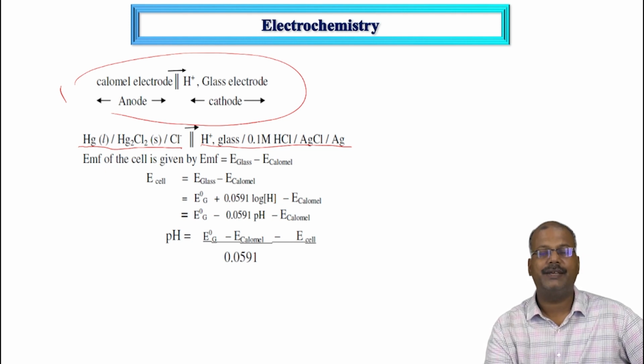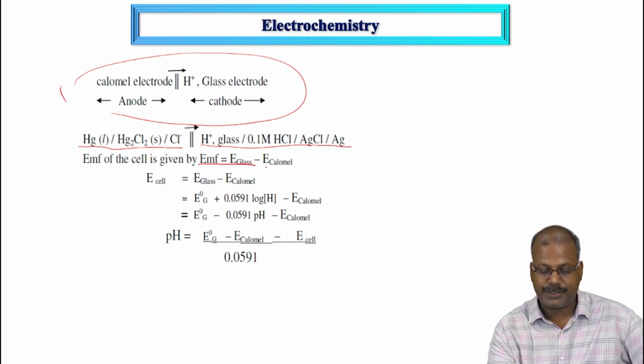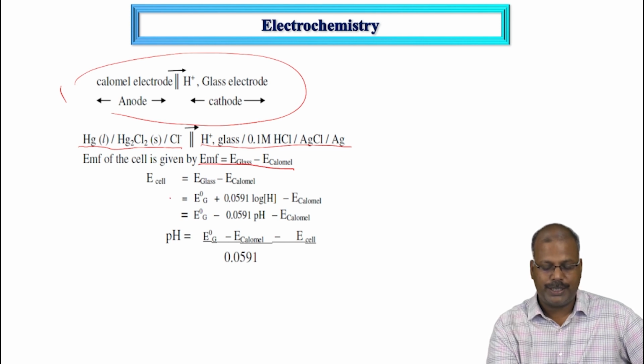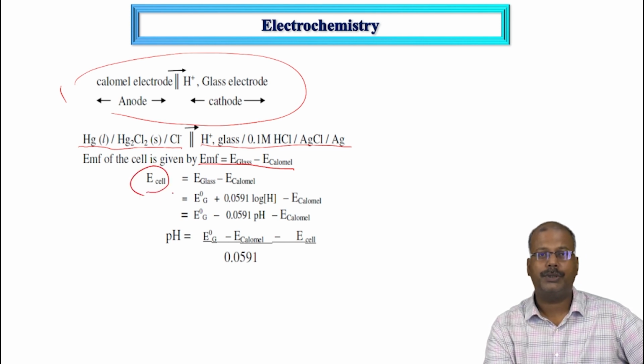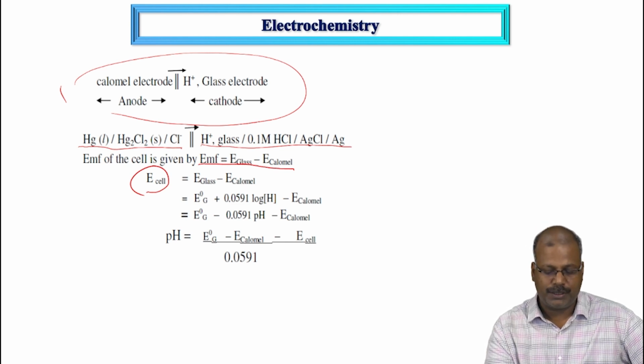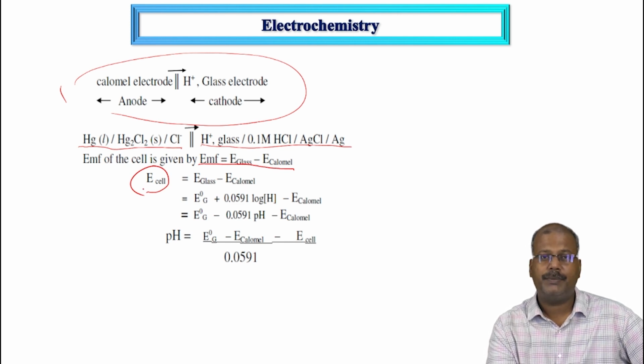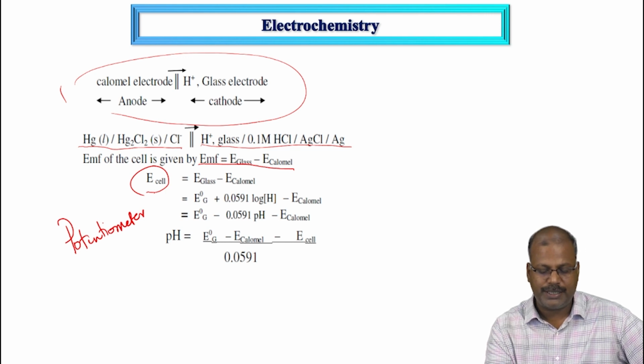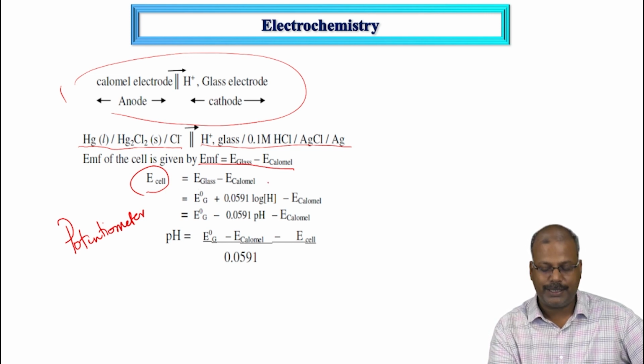EMF of the cell is given by E cell equals E glass, the potential of the glass electrode, minus the potential of the calomel electrode. So E cell is measured through a potentiometer, or in this case a pH meter. For a pH meter, E cell is normally measured by a potentiometer: E cell equals E glass minus E calomel.